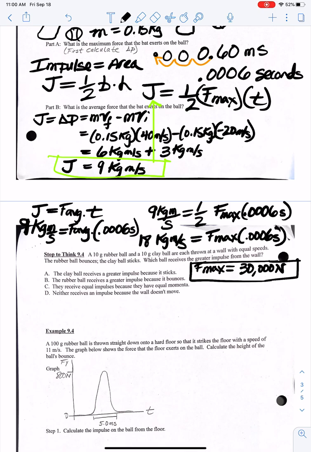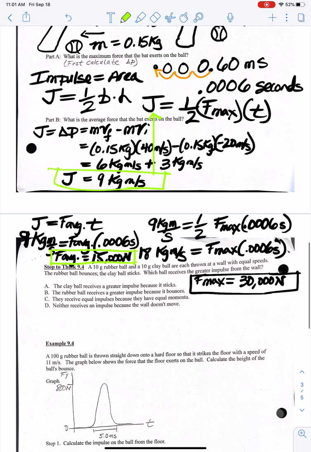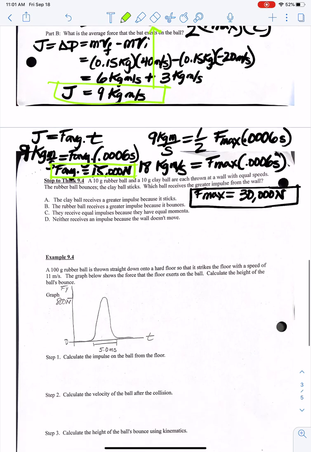So we'll just divide both sides by 0.0006, and I think we end up seeing that, just as predicted, F average is equal to 15,000 newtons. Ugh. Okay, I tried to squeeze that in there. Hopefully that's legible and you can read it.